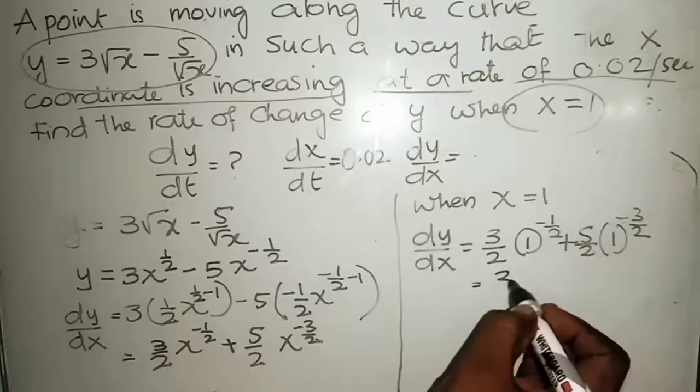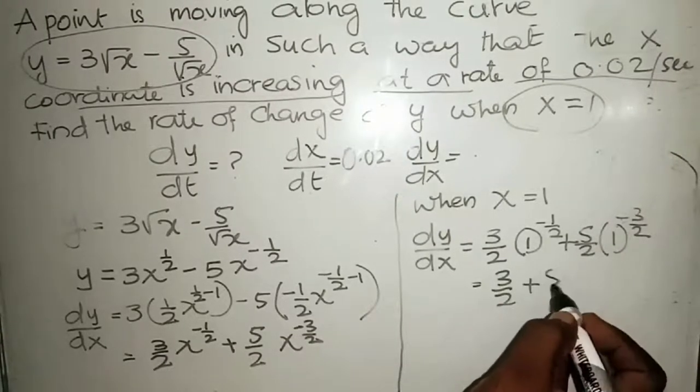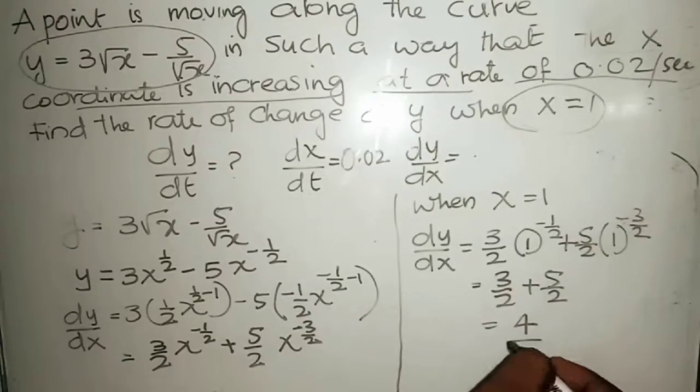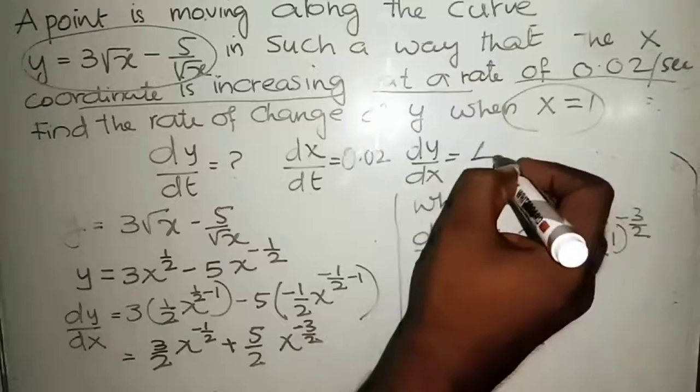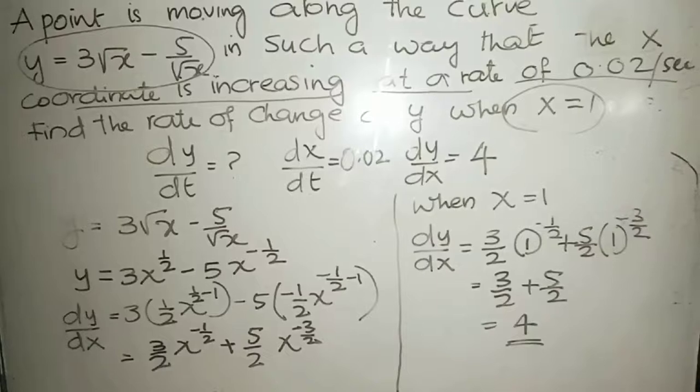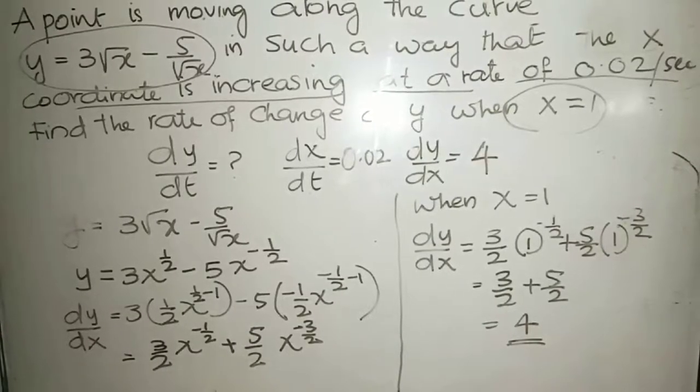That is 3 by 2 plus 5 by 2. We get it as 8 by 2, which is 4. So we get dy by dx as 4. Now our final step is to calculate dy over dt.